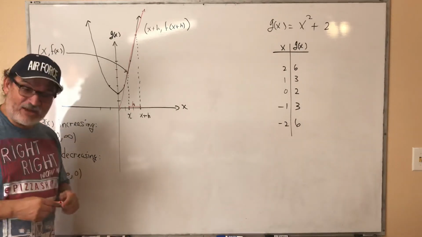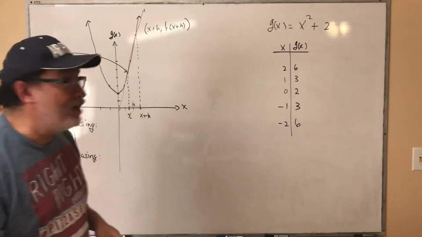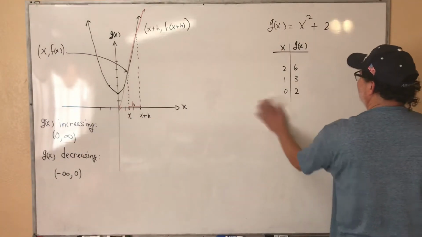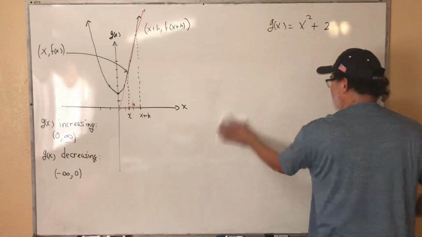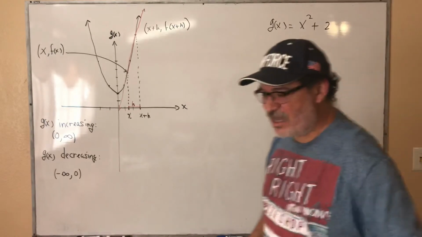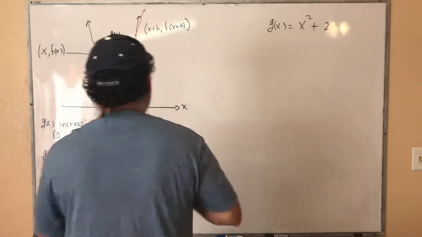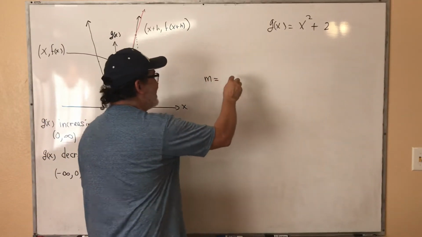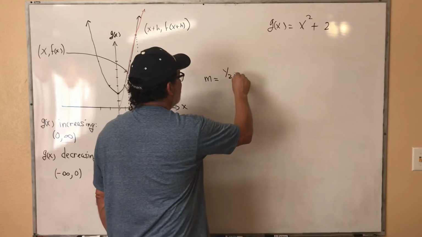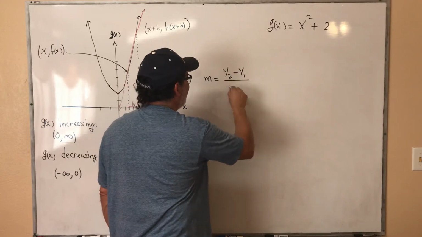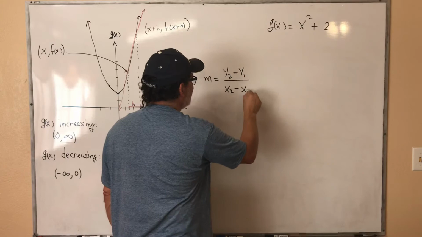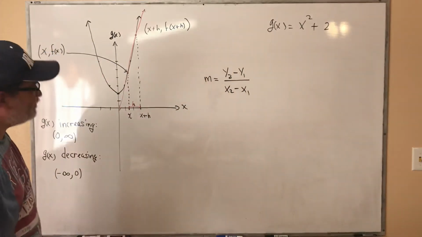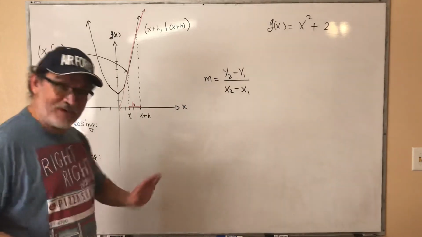Remember how to find the slope? Do you remember? Show you. To find the slope, we use this formula. The slope is y2 minus y1 over x2 minus x1. And remember that we have to label them.